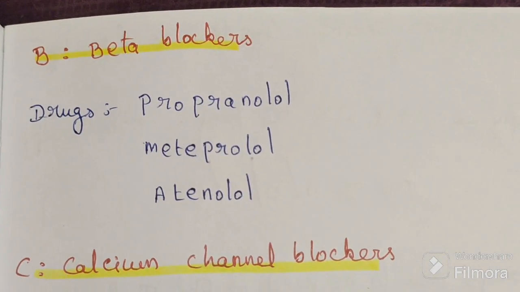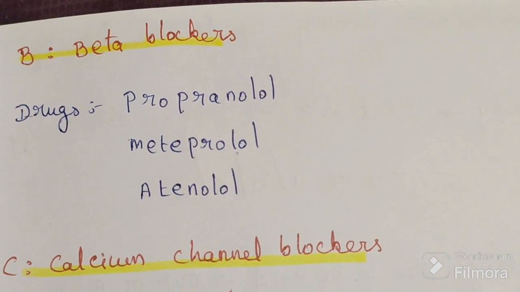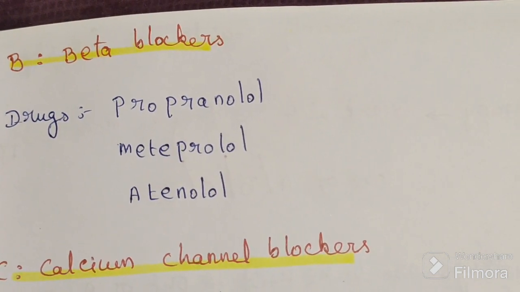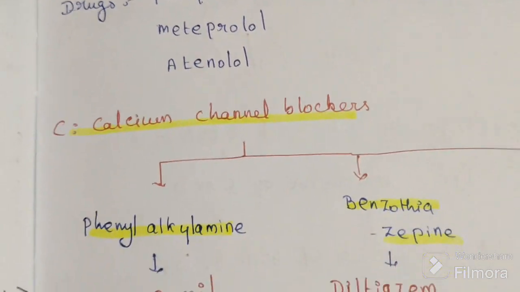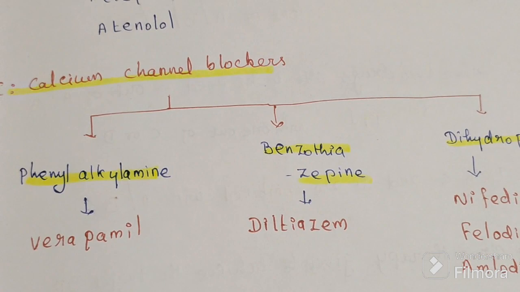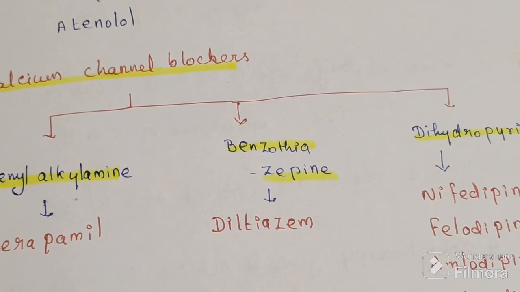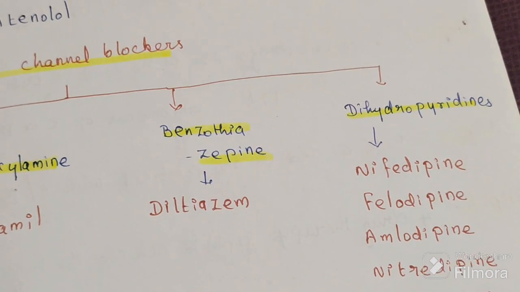Beta blockers: propranolol, then metoprolol, then atenolol. These are the drugs. Then calcium channel blockers: phenylalkylamine, benzothiazepine, then dihydropyridines.